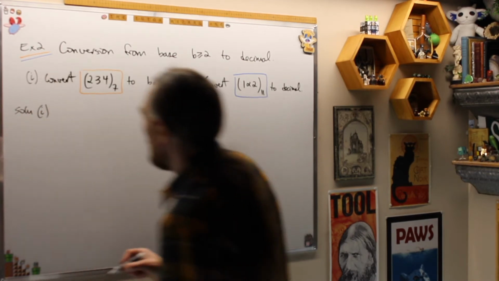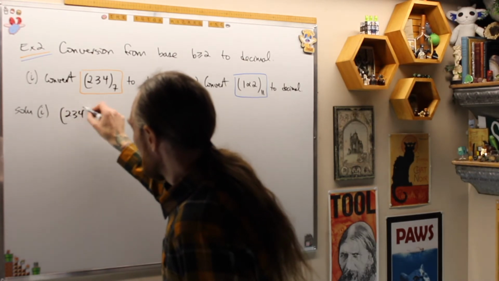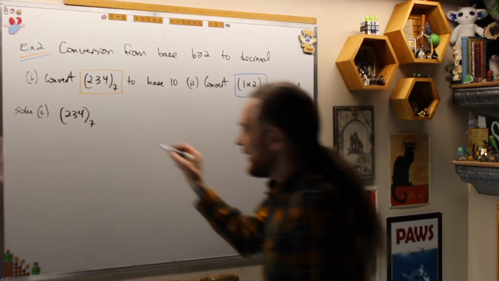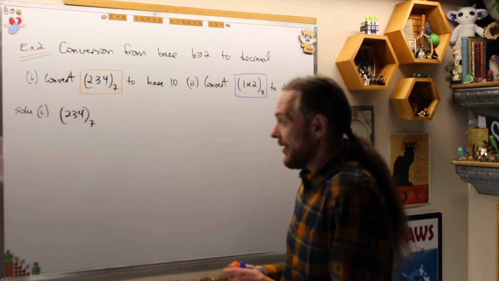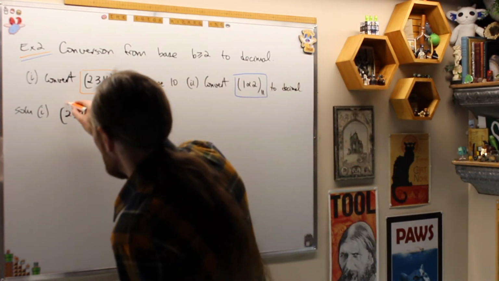For 1, we have 234 base 7. How you can remember what that's equal to is that this is going to be 7 to the 0, 7 to the 1, 7 squared.